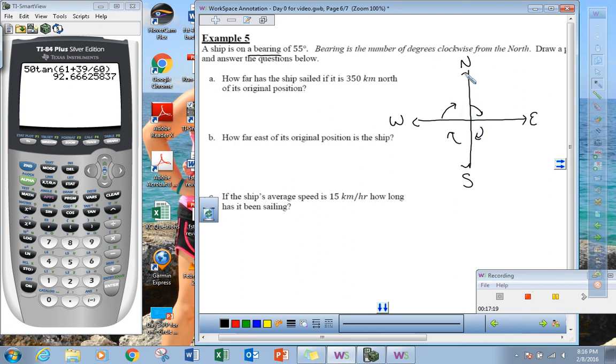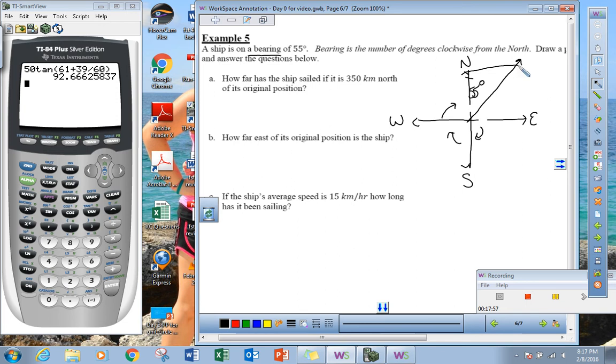Instead of going due north, it's going to go 55 degrees that way. So let me clean that up just a little bit for you. Here's going to be my ending picture. I got my ship traveling here, and this is 55 degrees.